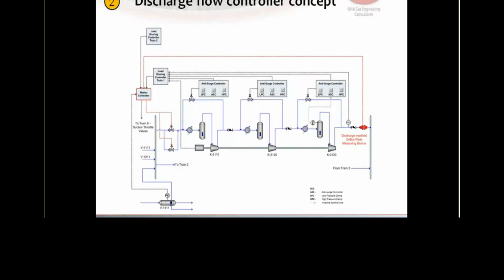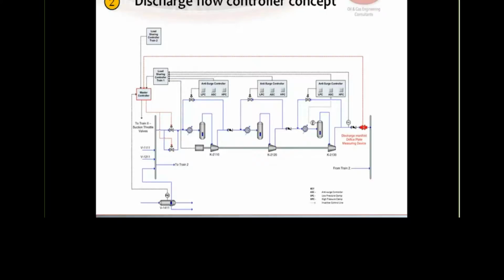So we modified the logic of the load sharing controller. The logic that we suggested is based on the export meter reading, which is a signal that is fed to every single one of the controllers anyway, but at that moment was not actually used to do anything.